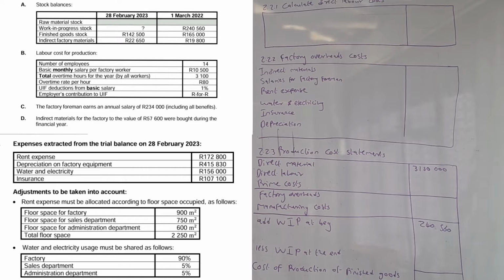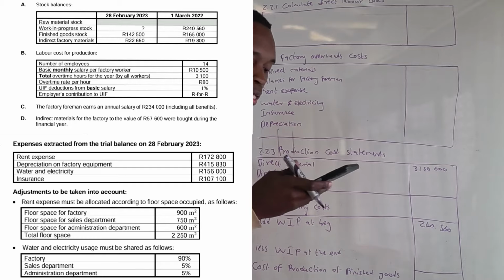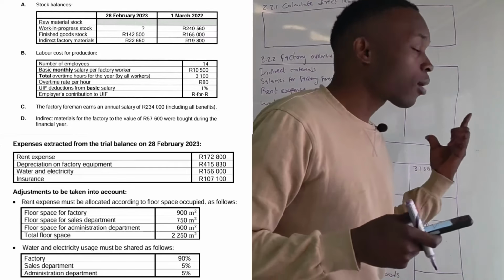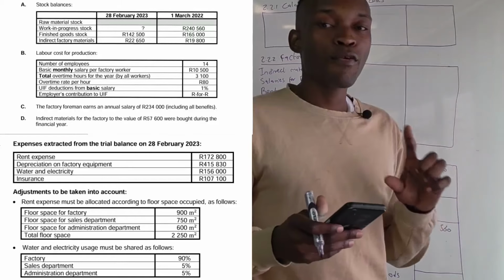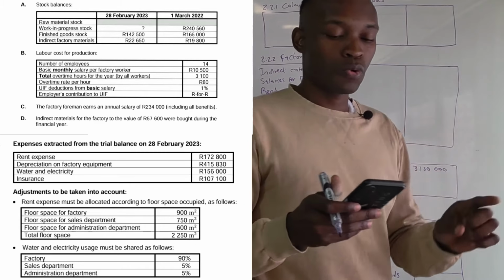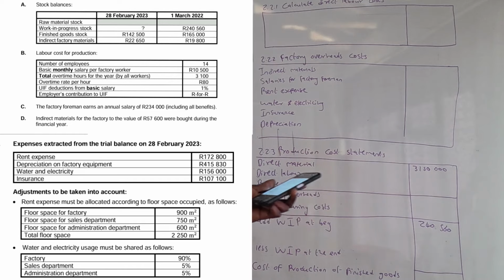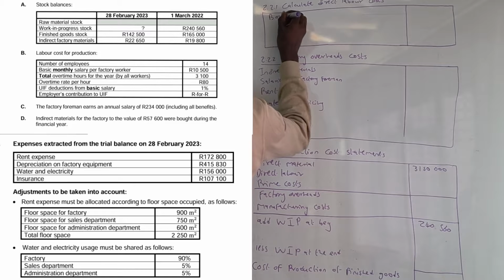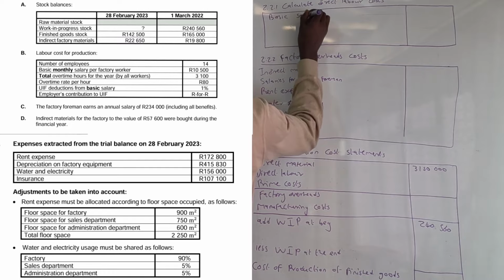They say the number of employees is 14, and the basic monthly salary per factory worker is 10,500 every month. Remember, here we are calculating annually, so if you are given monthly, you know what to do. Let's start with the basic salary.